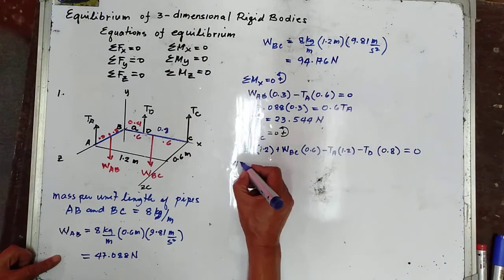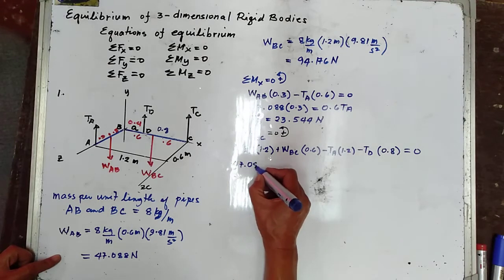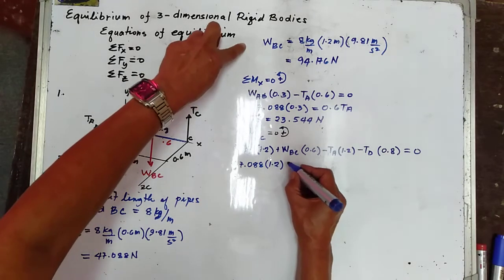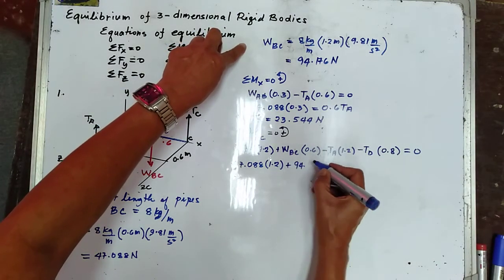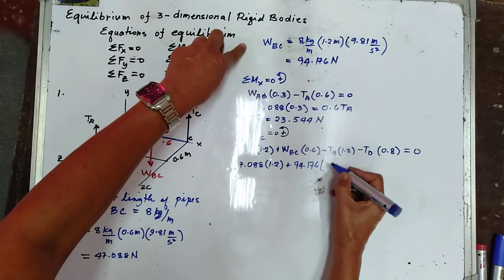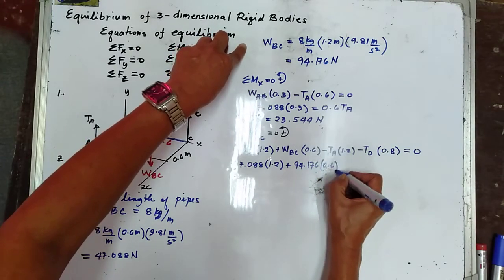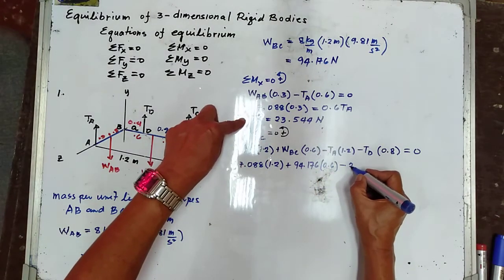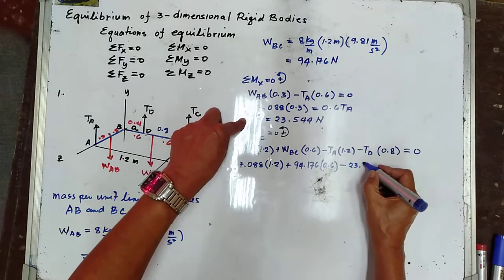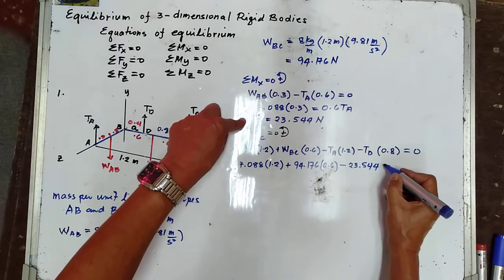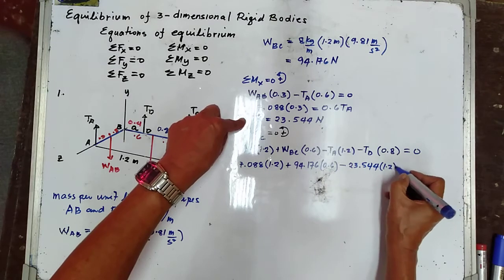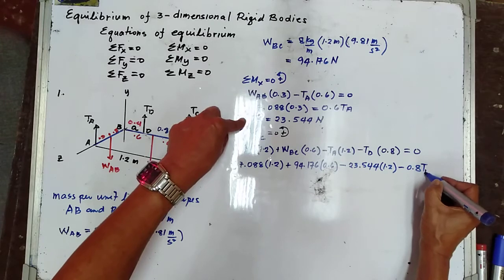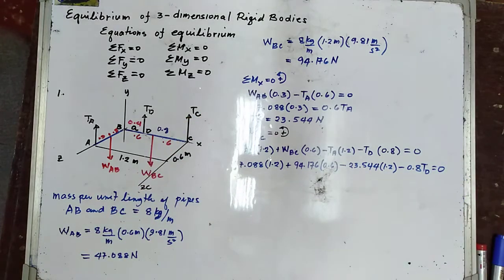So we have 47.088 by 1.2 plus 94.176 by 0.6 minus TA, that is 23.544 by 1.2, minus 0.8 TD is equal to 0.